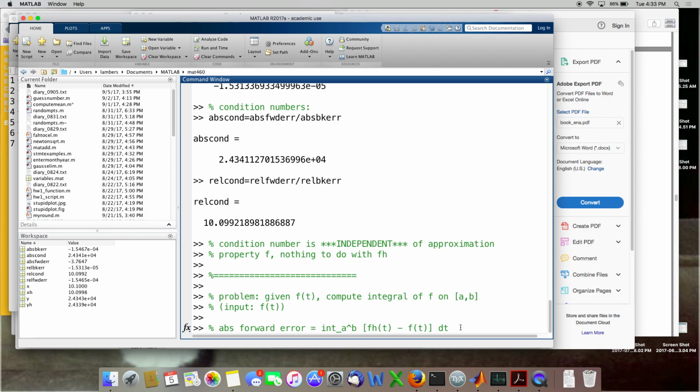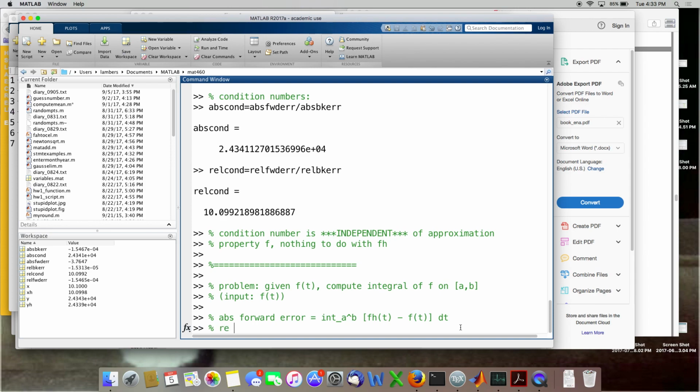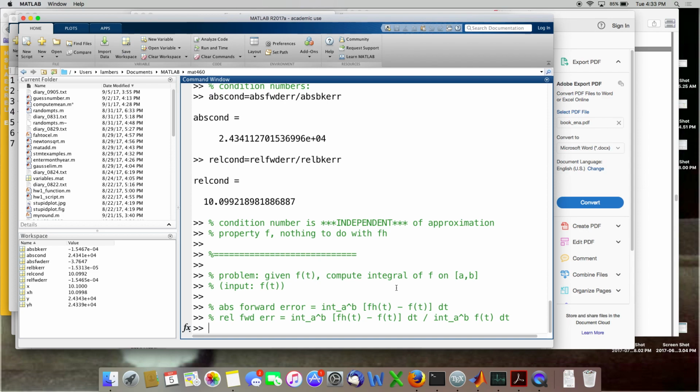And then if it was a relative forward error, it would be the same thing, the integral of the difference of these two, divided by the integral of f itself, provided that it's non-zero. But if your exact value is 0, you cannot use relative error.